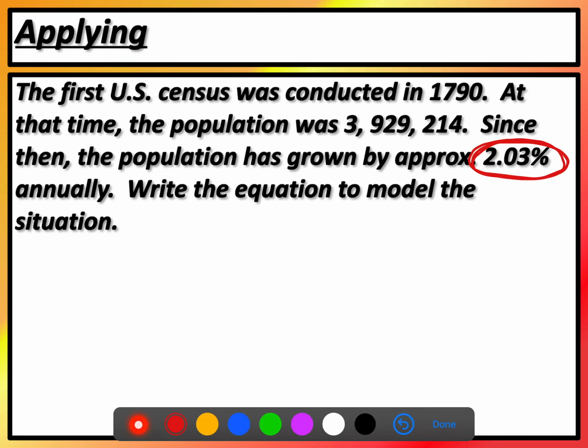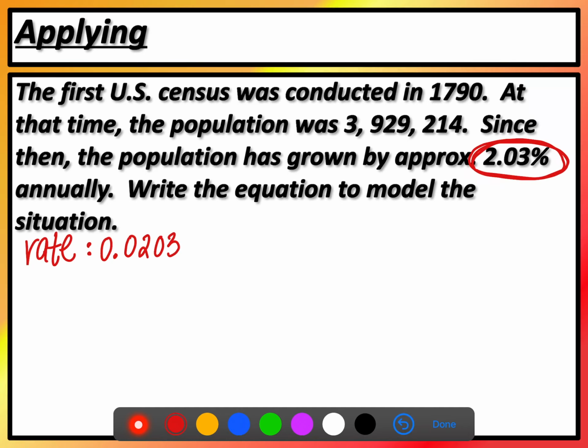So I'm doing a rate problem. My rate comes from 2.03%, but we don't work with a percentage, we have to work with a decimal. So we're going to move the decimal 2 places, and we're going to be using 0.0203.